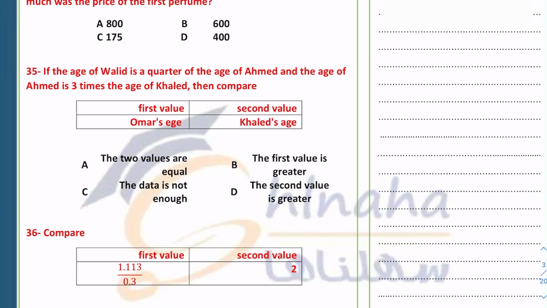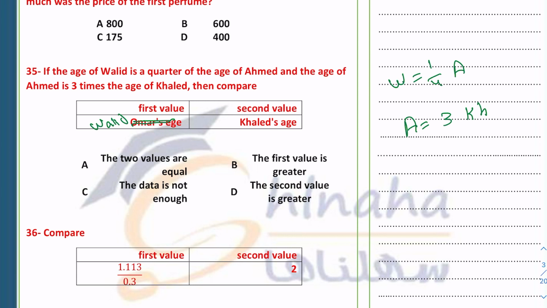Question 35. The age of Walid is a quarter of Ahmed. And Ahmed equals 3 times Khalid. Compare between Khalid and Walid.